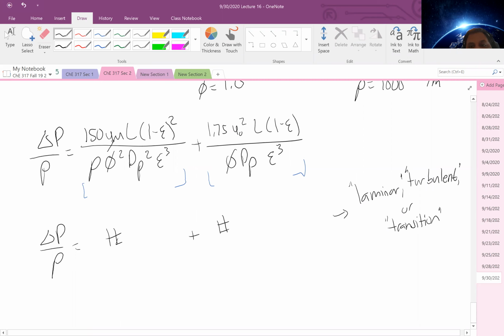All right, so let me open up those rooms. See if you can plug these values in and solve for each of those two terms.